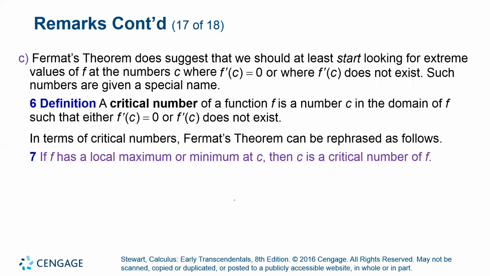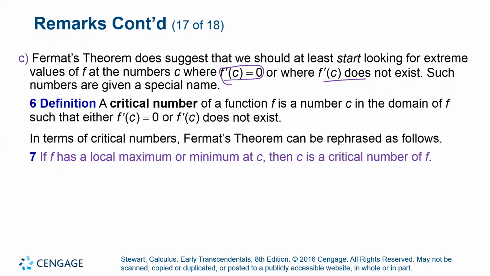Then the third one leads us to a definition. Fermat's theorem does suggest at least that we should start looking for extreme values of f at the number c, where we differentiate and set it to 0, or where the derivative at c does not exist.